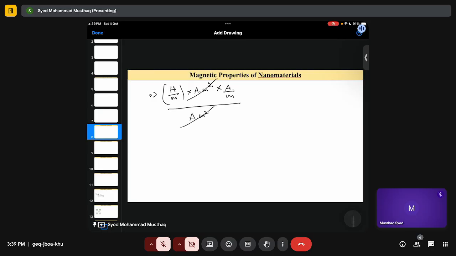This will get cancelled. Finally you have units of Henry ampere per meter square, which is also equal to 1 Tesla.